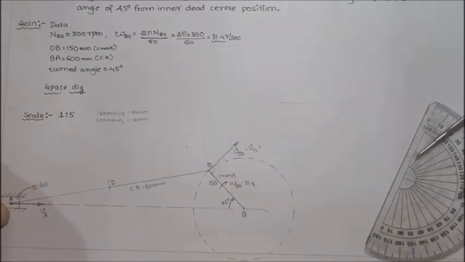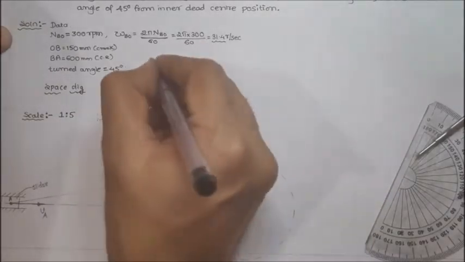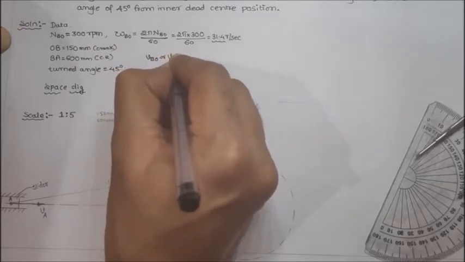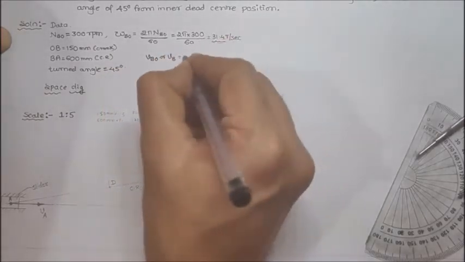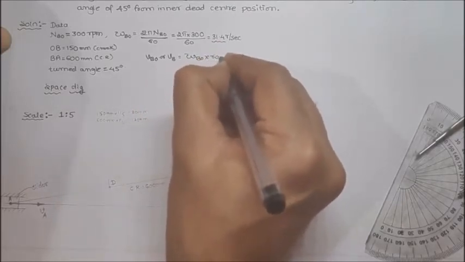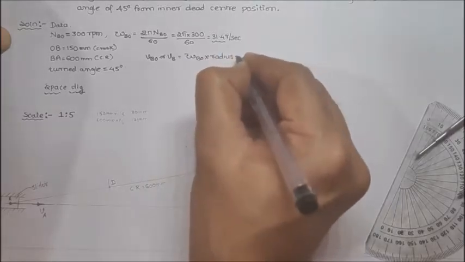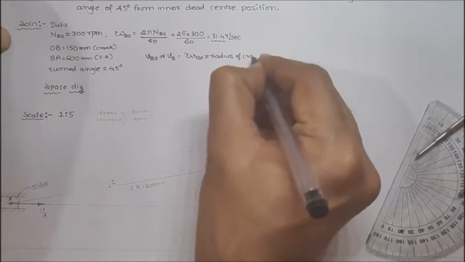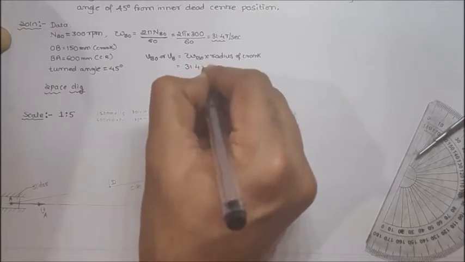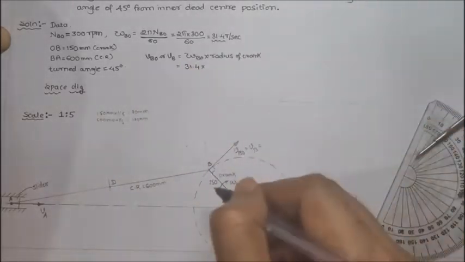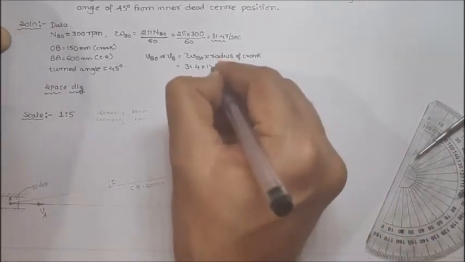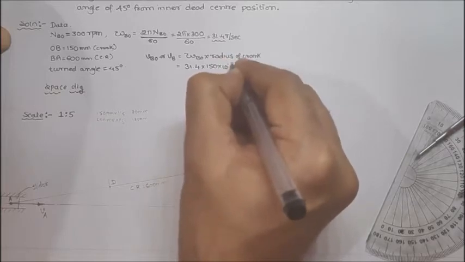So we'll write velocity of B with respect to O, or velocity of B, is equal to omega of BO into radius of crank. So 31.4 into radius of crank, but here you have to take the distance in terms of meters, so it is 150 into 10 to the power minus 3.